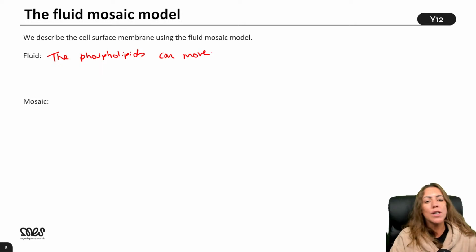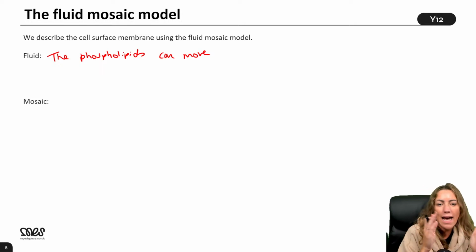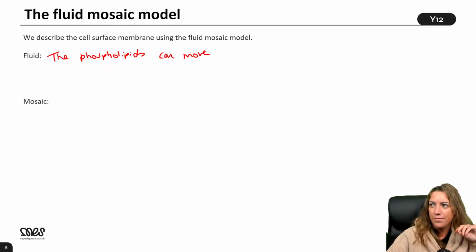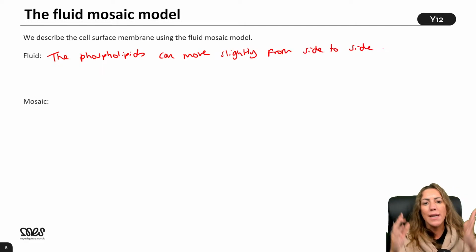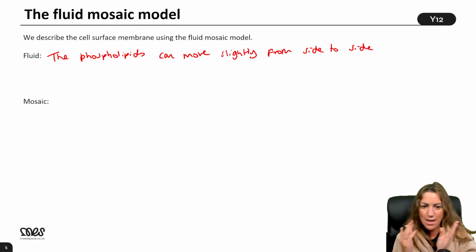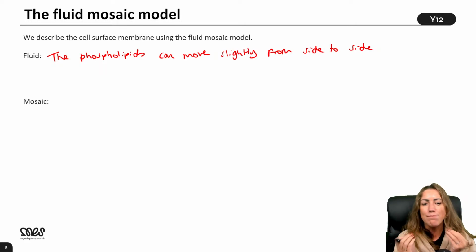Now, I'm not talking like loads of movement. They're not going to get up and move away, but they kind of move like this. They can move from side to side. I'm going to put move slightly from side to side. So they don't swap places or get up and move around, but the phospholipids can go like this. They can move from side to side. So there is fluidity and there is movement.